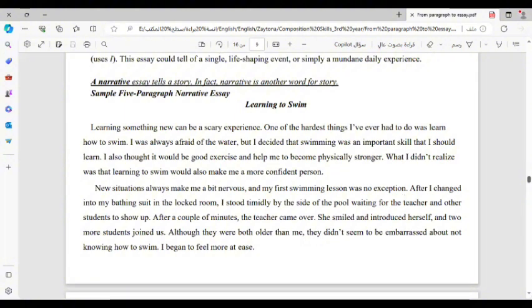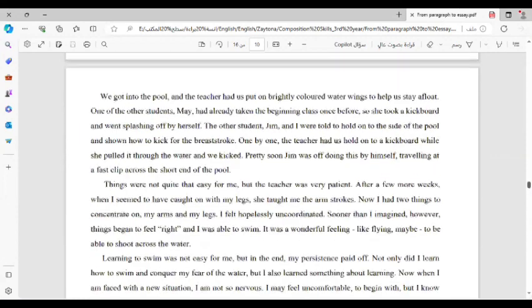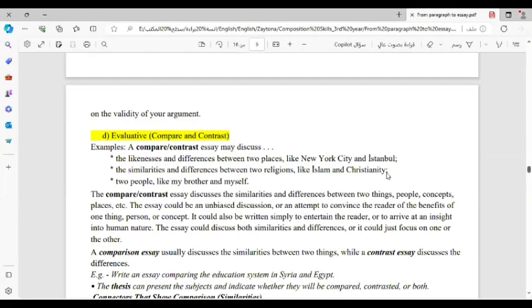He went step by step in order to talk about what happened during this experience and how he reached the final stage of this experience, until he reached the conclusion.